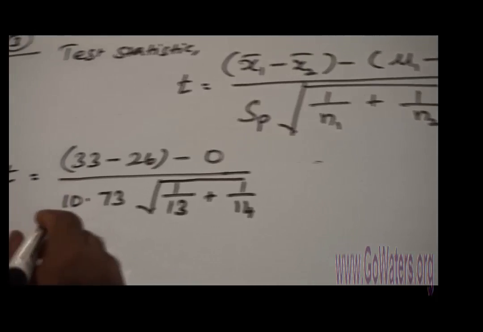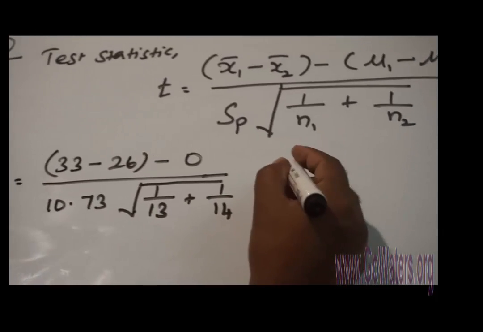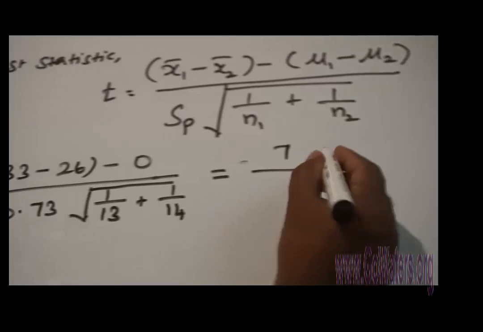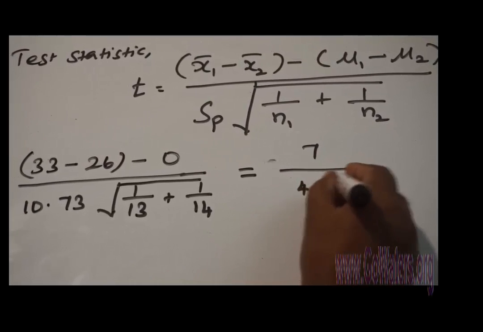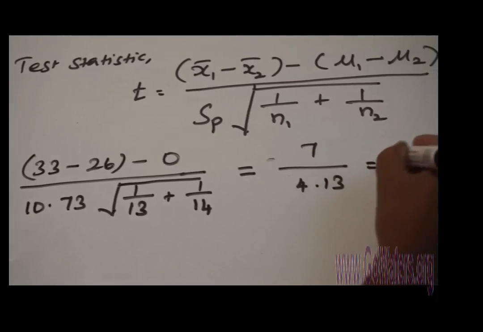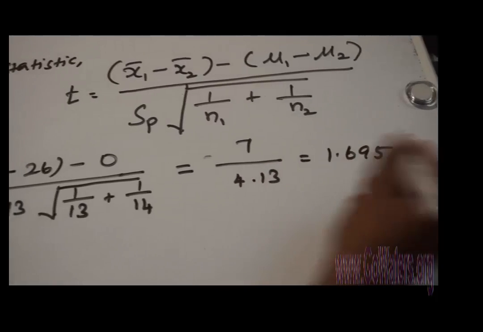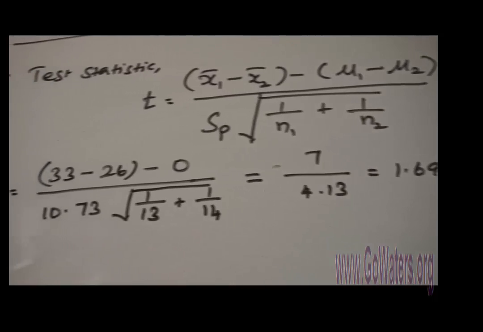So this gives me 7 over 4.13, which is equal to 1.695.